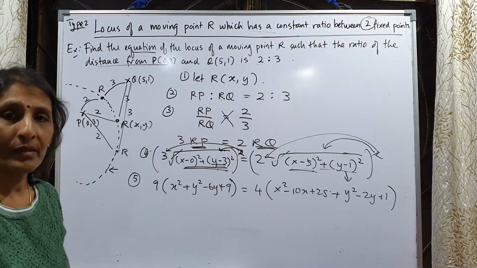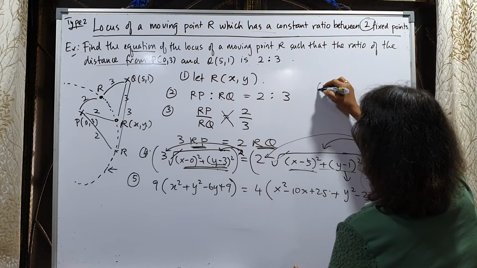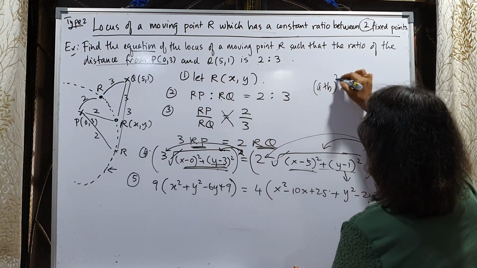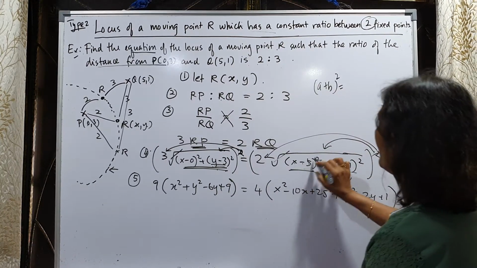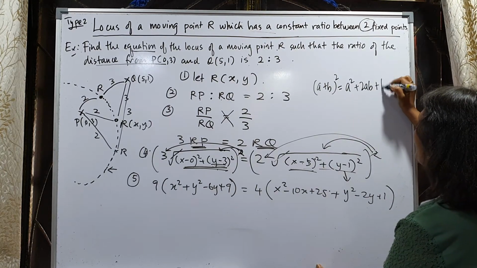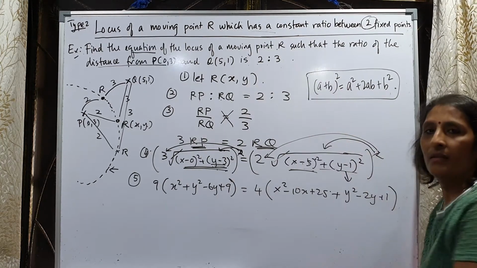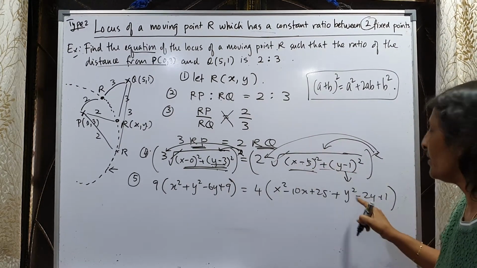You know how to expand, right? Expanding a square is using this formula: a plus b square becomes a squared plus 2ab plus b squared. This one you must have it at your fingertips because we have to do fast. You cannot do slowly.